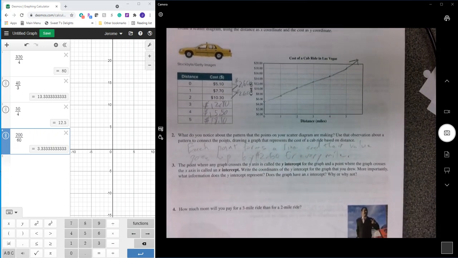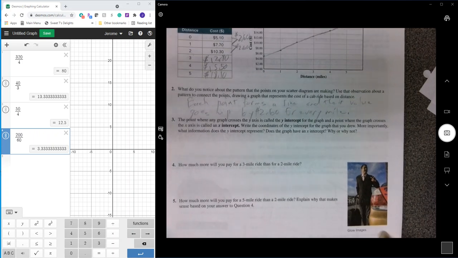All right. Now we go down here to number 3. It says the point where any graph crosses the y-axis is called the y-intercept for the graph, and a point where the graph crosses the x-axis is called an x-intercept. Write the coordinates of the y-intercept for the graph that you drew. More importantly, what information does the y-intercept represent? Does the graph have an x-intercept, why or why not?